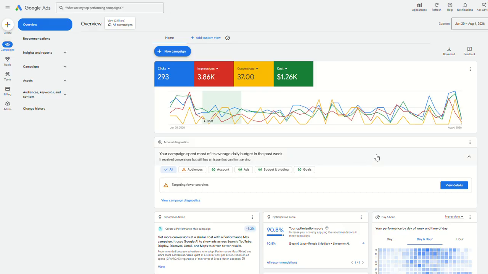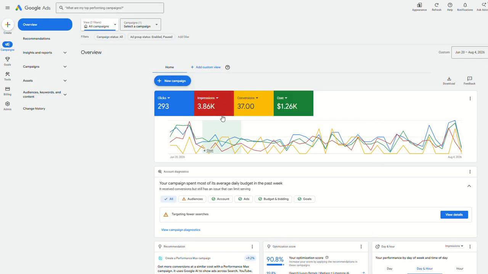If you're running lead generation campaigns, you shouldn't stop at what Google calls a conversion. You need to track what happens after the conversions. For example, all these 37 people, this is just the entry point to our CRM. After they land in our CRM, what happens next makes sure that we are getting business from these leads.